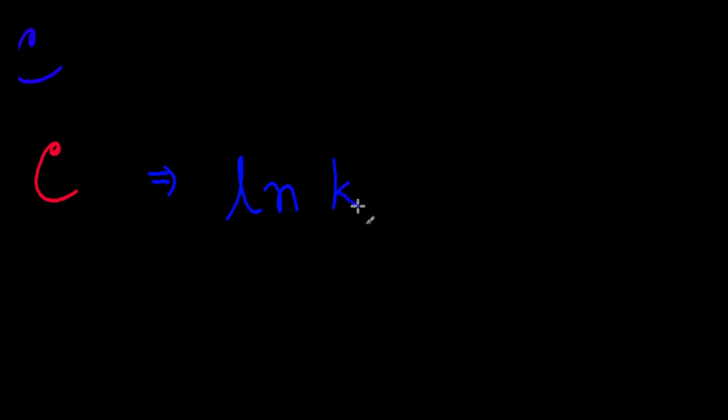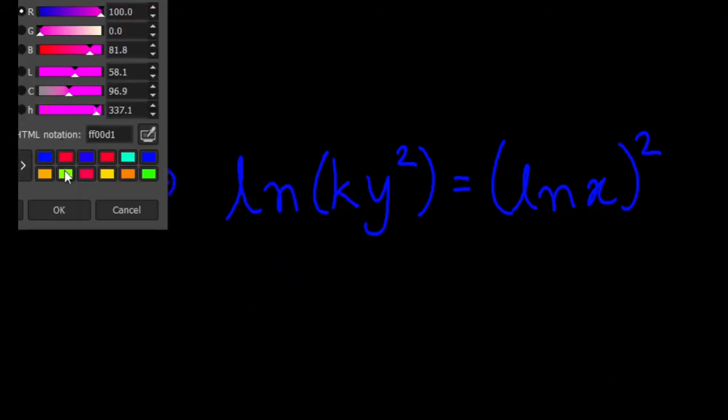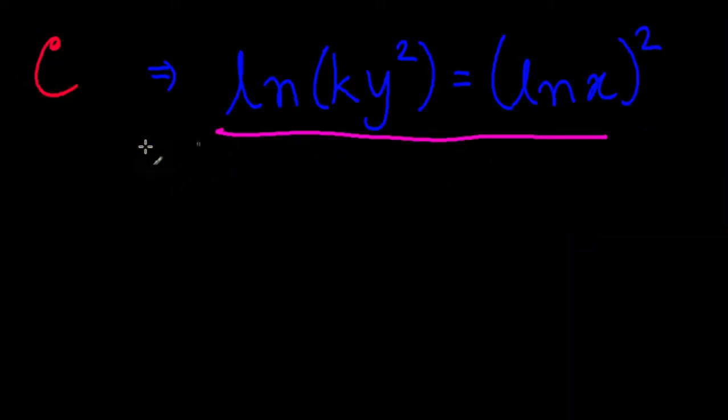So I'll write k here. Natural log of k y squared equals natural log of x whole squared. This is as concise a form of this solution as you can get. One thing I'd really like to warn you about: it's very tempting to take the power of e on both sides.